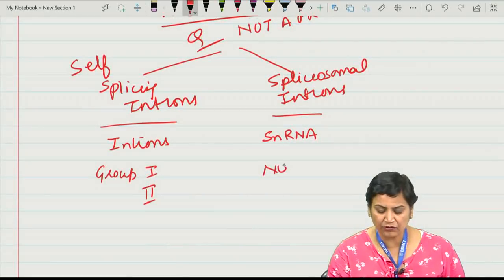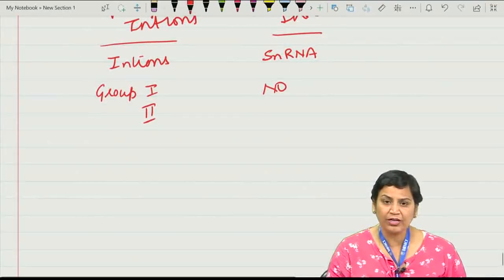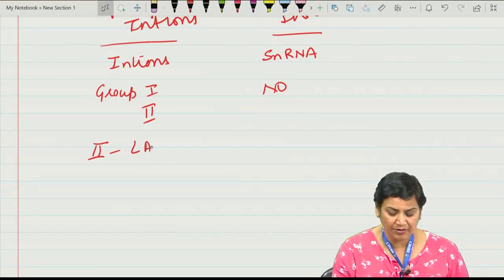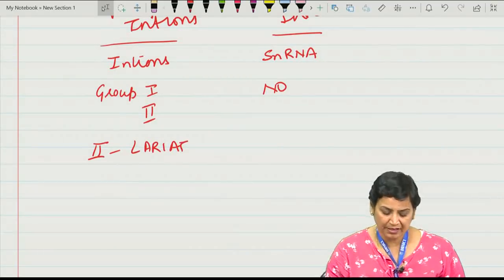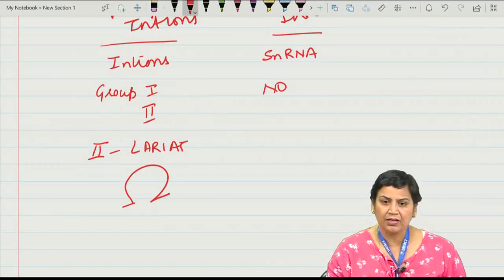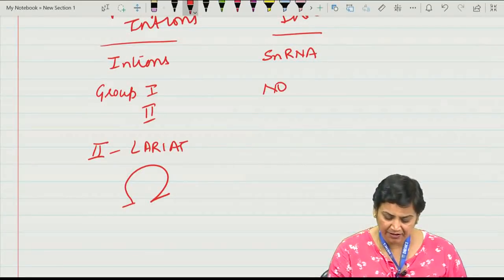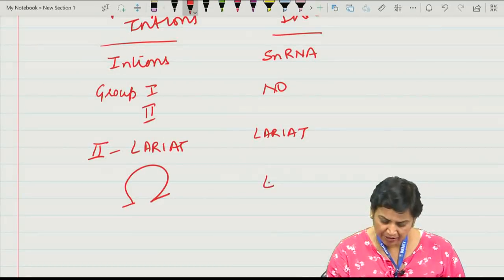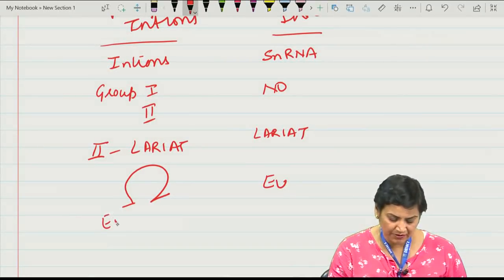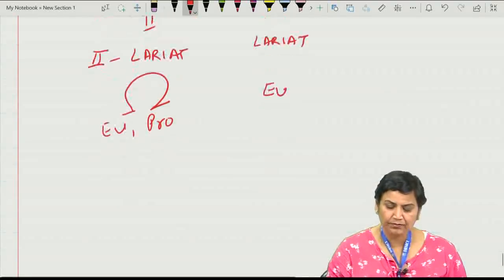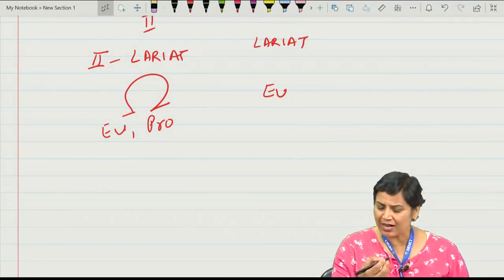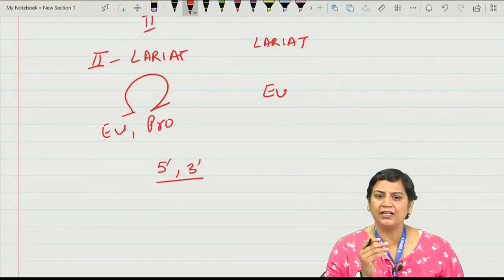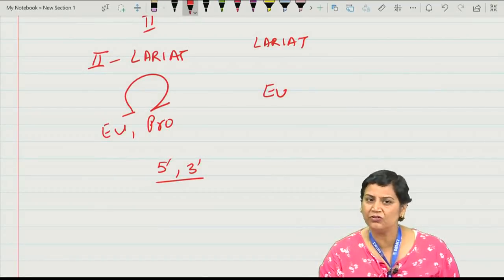Third important point is that in group 2 self-splicing introns, lariat formation is there. Lariat means this type of intron comes out, and here simple lariat formation is there. This is in eukaryotes as well as prokaryotes. Every intron, every ribozyme has a 5' splice site and a 3' splice site, whether it is cutting from the 5' end or the 3' end.